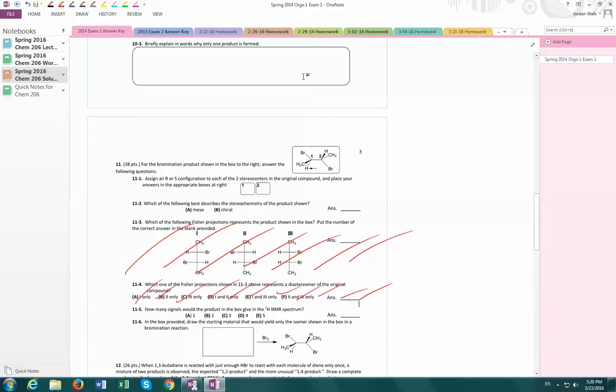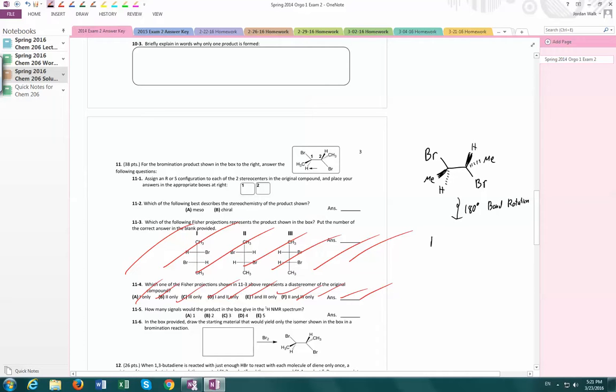So what we've got is this structure right here. And so what we're going to do is look for a plane of symmetry if it's going to be meso, and I don't see any obvious plane of symmetry as it's drawn, but what we could undergo is a 180-degree bond rotation.